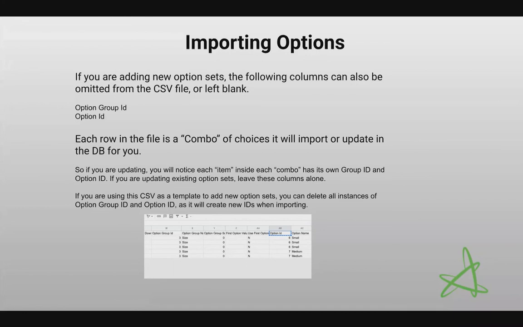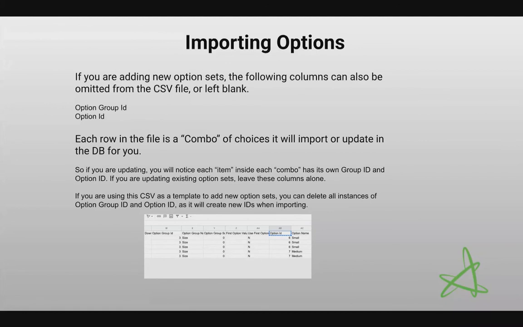So here, I'm going to export all the option sets I have in my store right now. I want to update the names on some of these, so I'm going to go through and change all the instances of the word small to extra small, for example. Then I re-import that file without ever touching it, and it will update all those option names for me.